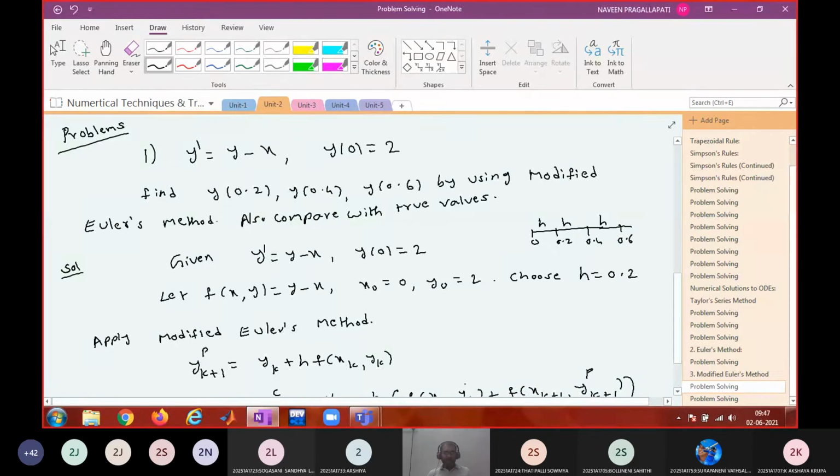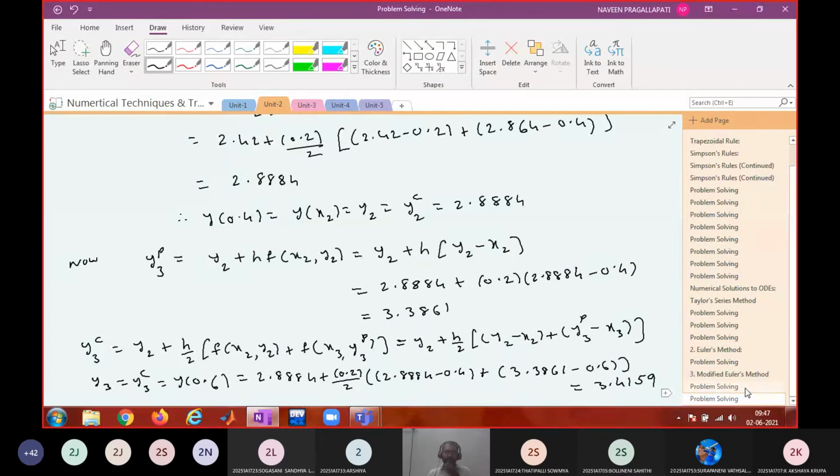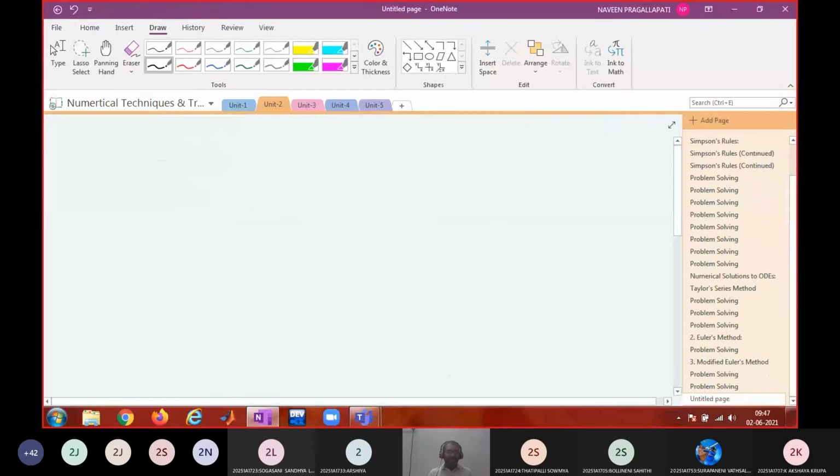So if I say like this, then you need to find out the true values or the actual values. So what is the analytical method?